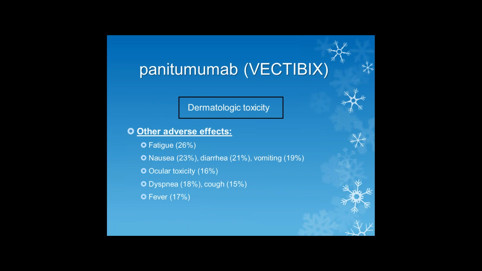So panitumumab, dermatologic toxicity. This is a pretty high incidence still. It was seen in some degree in 90% of patients. There were 15% of patients that had a grade 3 or higher.